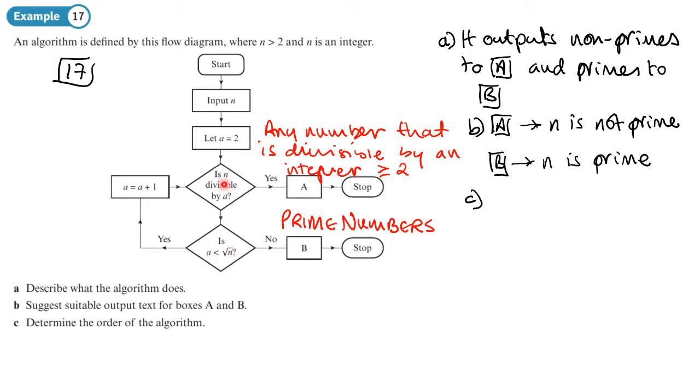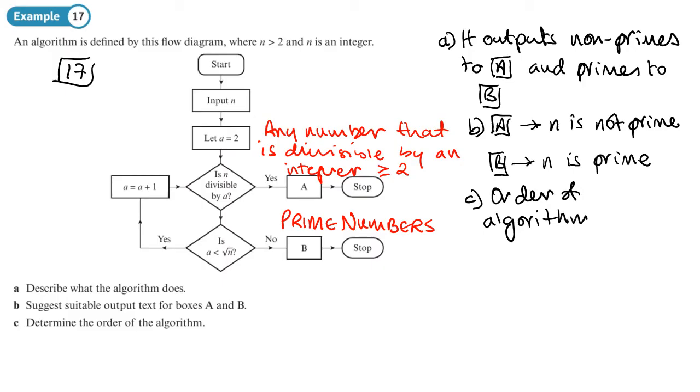So the number of times we go around this loop is the square root of n. The processing time is the square root of n. So we can say that the order of the algorithm is root n. Now this is just an estimate.